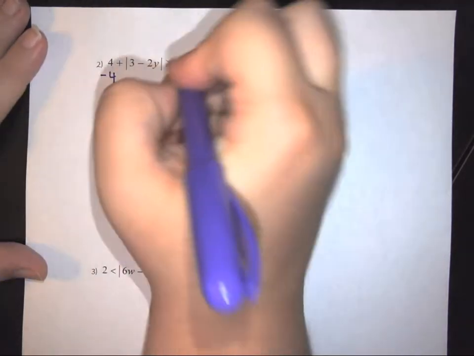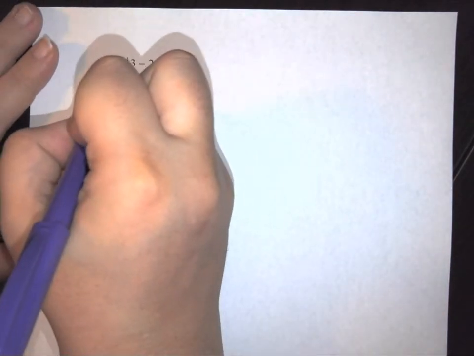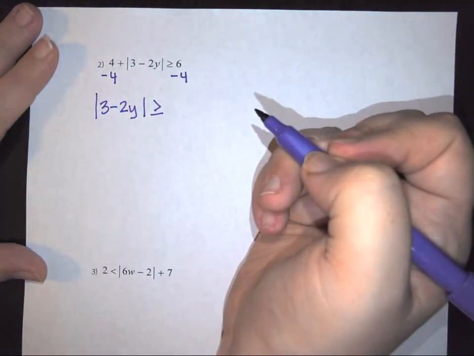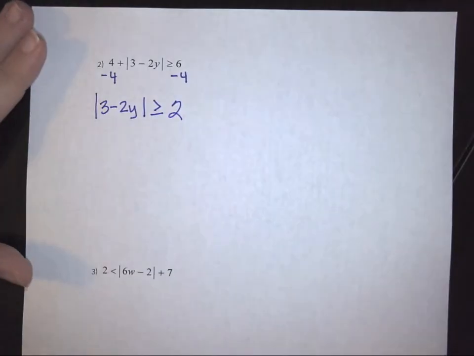So to do that, I need to subtract my 4 from both sides. In doing so, leaves me with my absolute value, 3 minus 2y. And in this case, I still have my greater than or equal to. 6 minus 4 is 2.